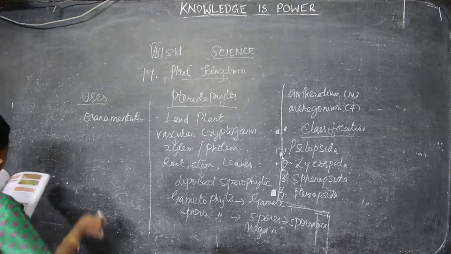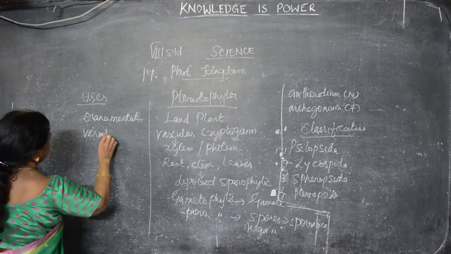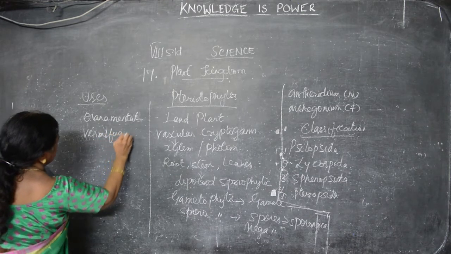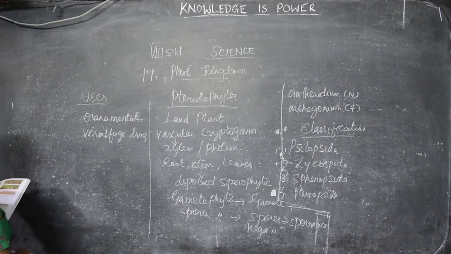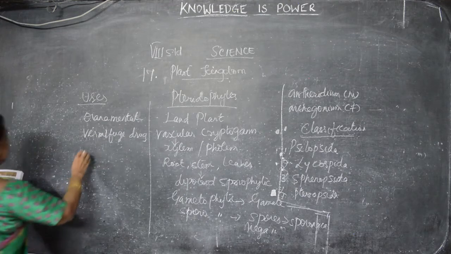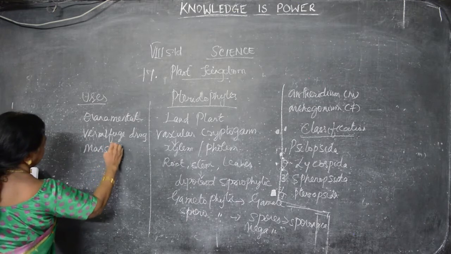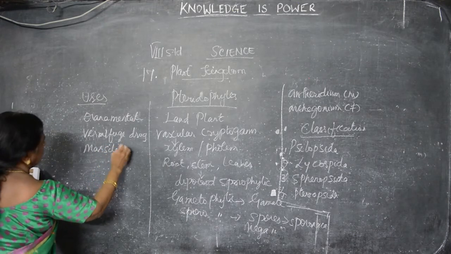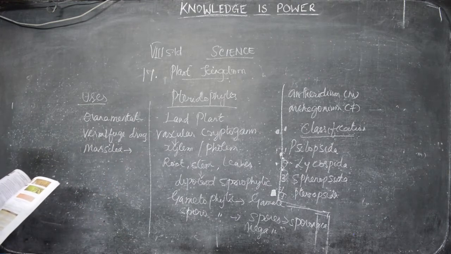We can prepare vermifuge drug also. It will be useful for agriculture. Vermifuge, you know, we can prepare from this. And Marsilea is a kind of pteridophyte that is water-borne.